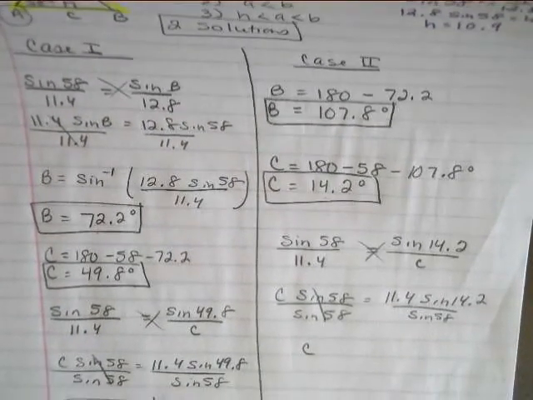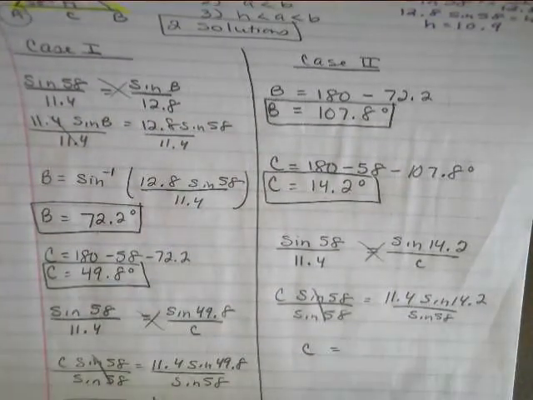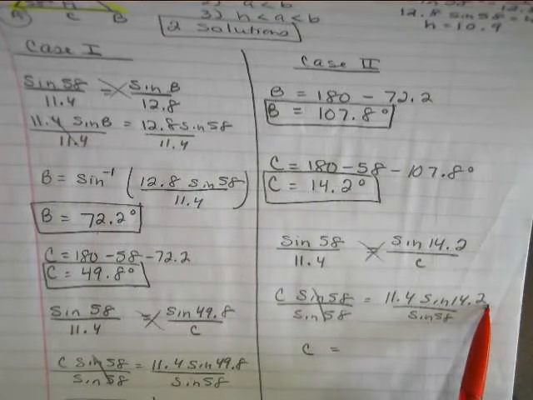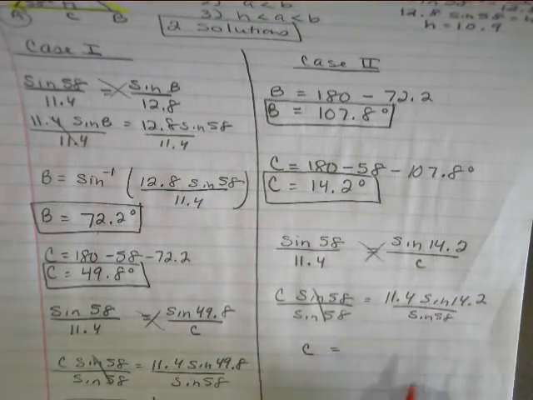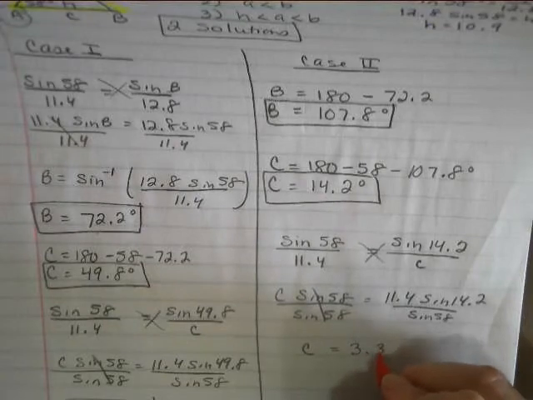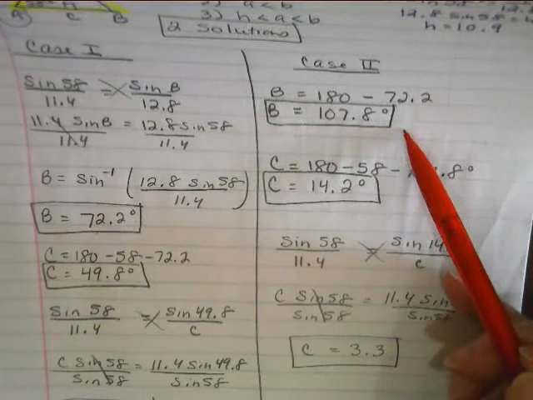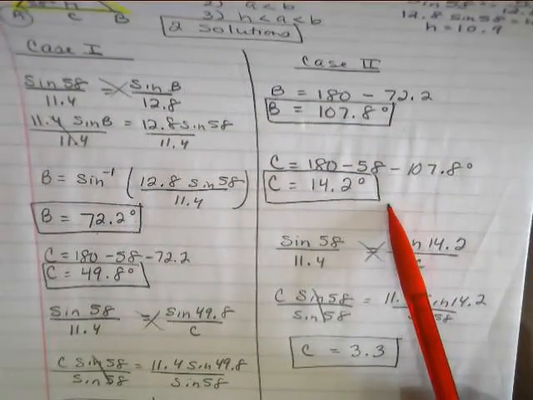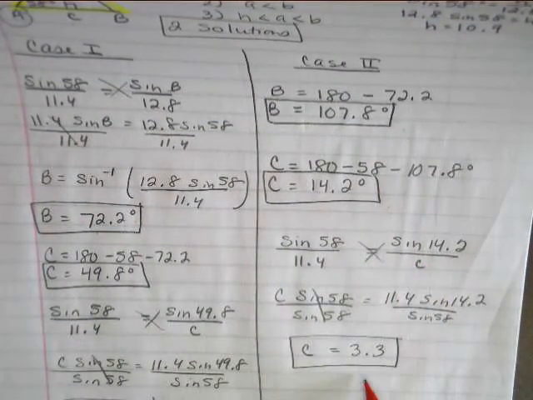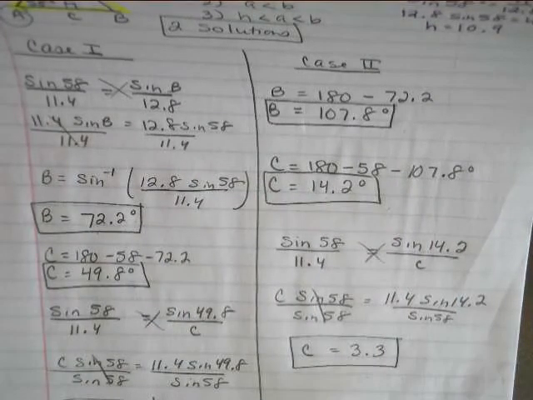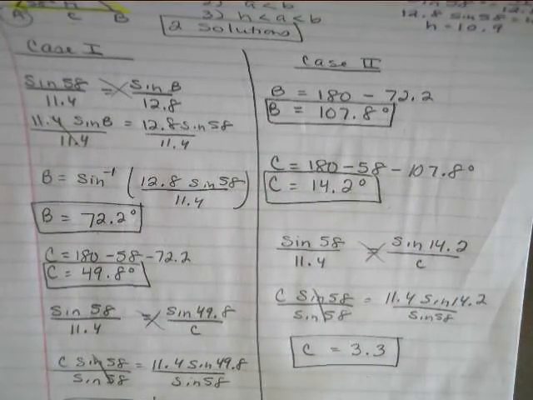Put that into your calculator all in one step. So 11.4 times the sine of 14.2 all over the sine of 58 should give you a value of 3.3. So if angle B comes out to be 107.8 degrees, angle C is 14.2 degrees, and side C is 3.3. Remember, you need to have all of these answers and all this work shown for full credit on these problems.